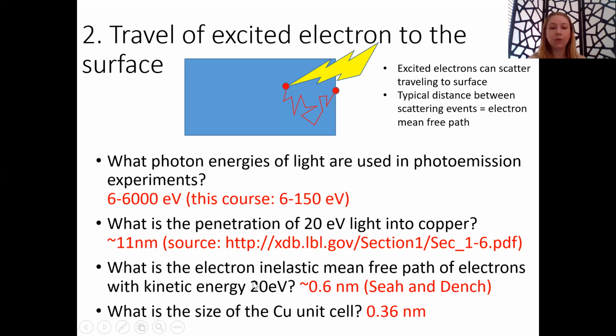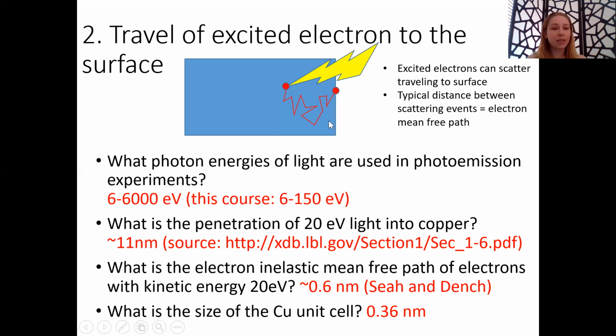So for this specific scenario, you have your light exciting electrons to a depth of 11 nanometers into the copper. And then those photoelectrons, when they move, will typically bump into something every 0.6 nanometers.